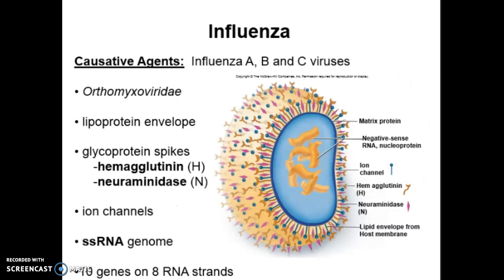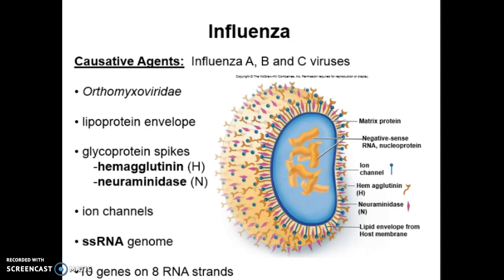Alright, now the causative agent for influenza is going to be influenza virus A, B, and C. But for test purposes, you're going to want to know that it comes from the Orthomyxoviridae family. And that is the group that houses influenza viruses.